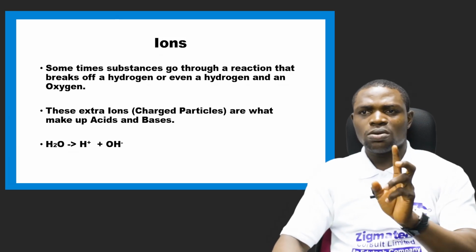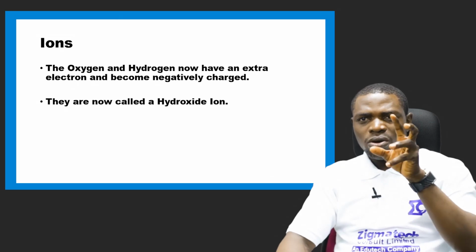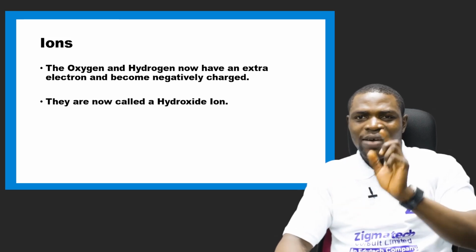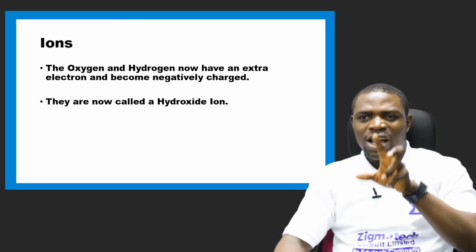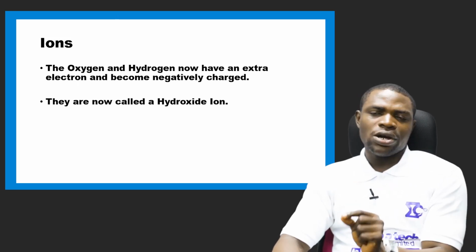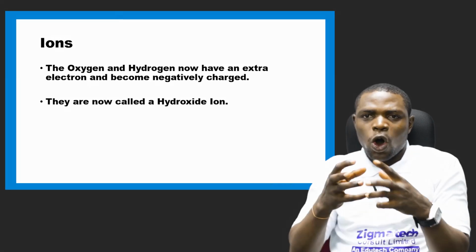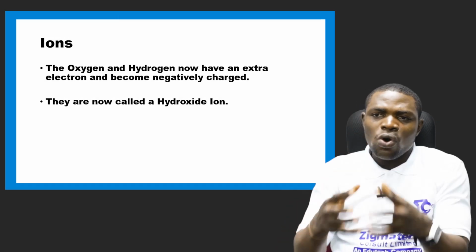Now when you look at elements like oxygen and hydrogen that have an extra electron and become negatively charged, they are now called hydroxide ion. So when a particular ion is negatively charged, especially oxygen and hydrogen, that's why I gave you OH minus.